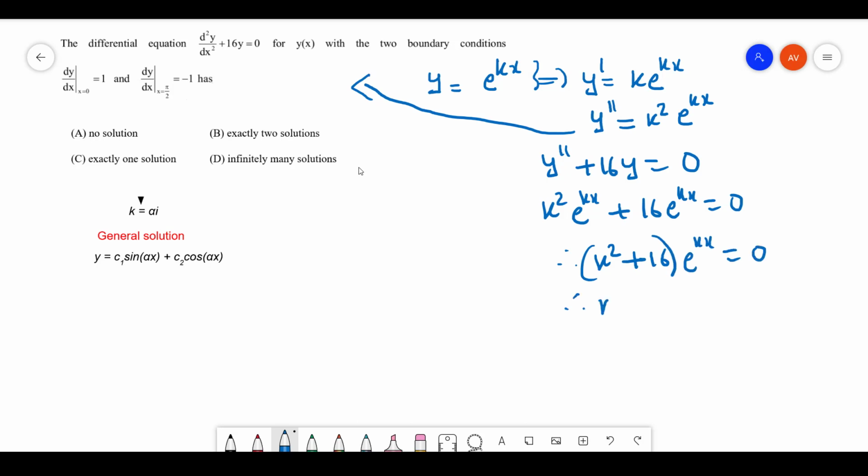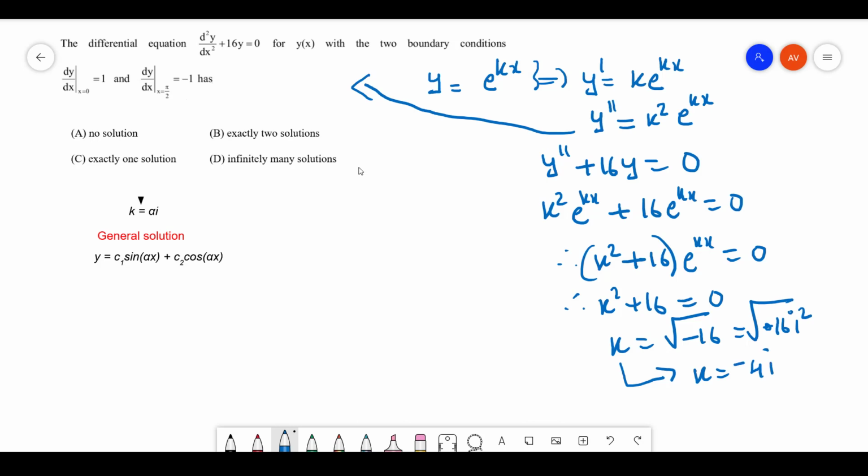Therefore you can write k square plus 16 is equal to 0, and your k is equal to under root minus 16, which is again under root 16 into minus 1. If you take minus 1 you can write it as i square. Therefore you can write your k is equal to plus or minus 4i.